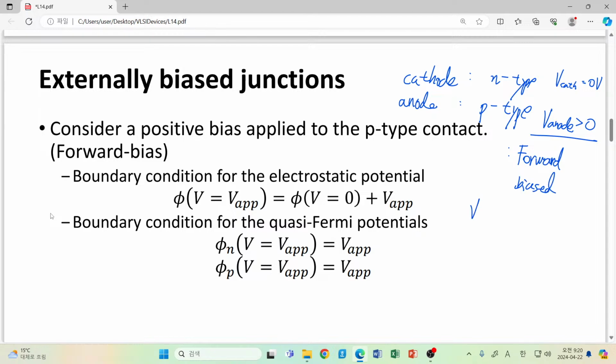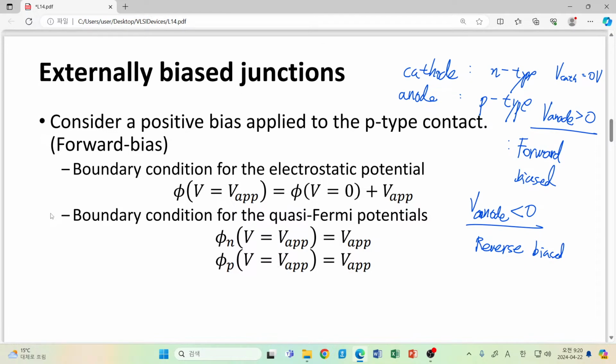And if we have the condition of anode voltage lower than cathode voltage, then this is called a reverse biased PN junction. That is quite straightforward.